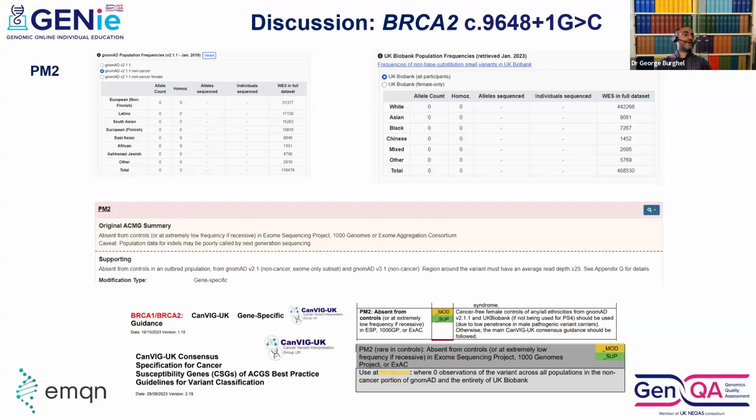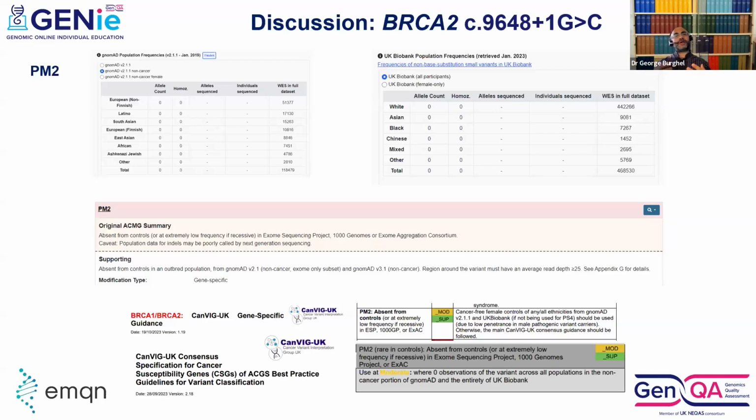With the ENIGMA guidance, on review, like I said, it was too late to amend this presentation. We have noticed that it is also present in one case in gnomAD version 3, which we have missed in this case. So if we are strictly applying the ENIGMA guidance, actually this variant will end up as a variant of uncertain significance, because you will only be able to apply PVS1 very strong.